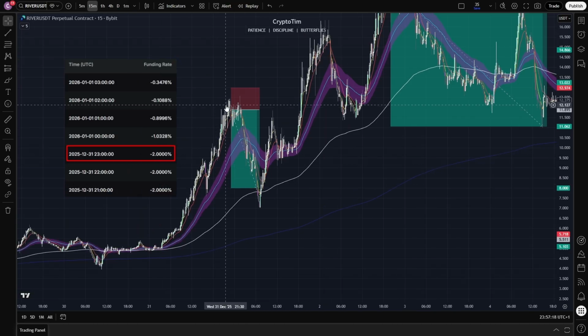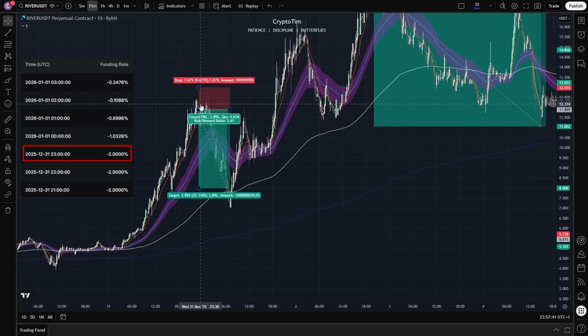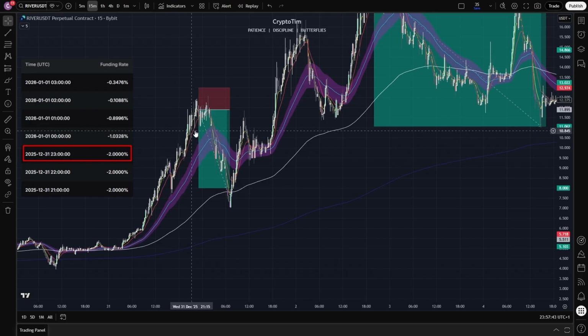Reason, we're sitting at an all-time high. We have funding fees of -2%, which is the maximum for this coin. So if you remember the video on funding fees, we know if price is sitting on a high and we have extremely high funding fees, people that are shorting this coin here, for example, they're covering or trying to cover for their position.